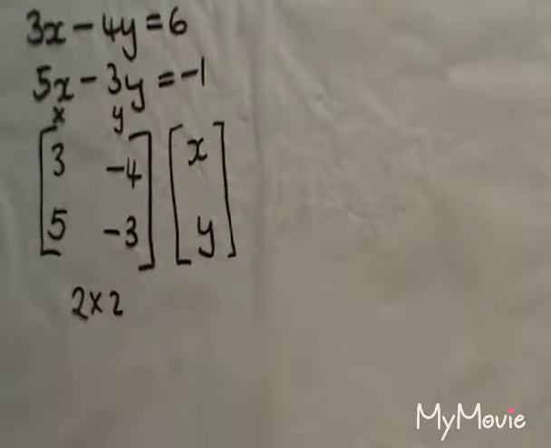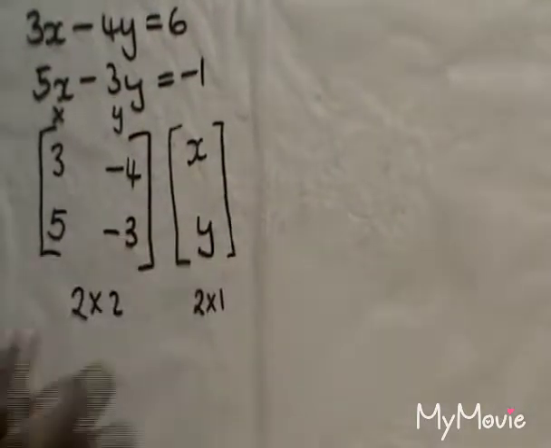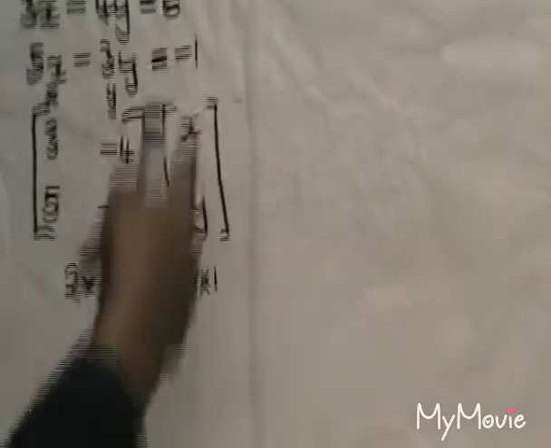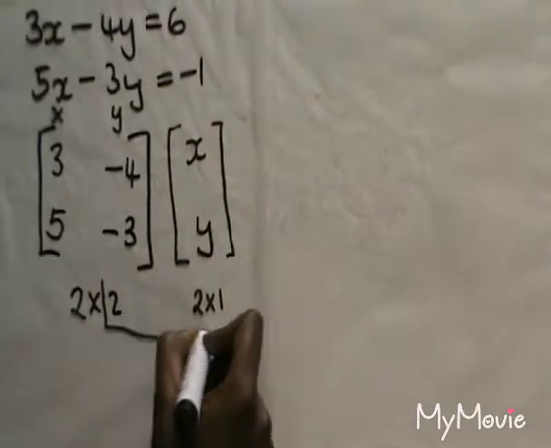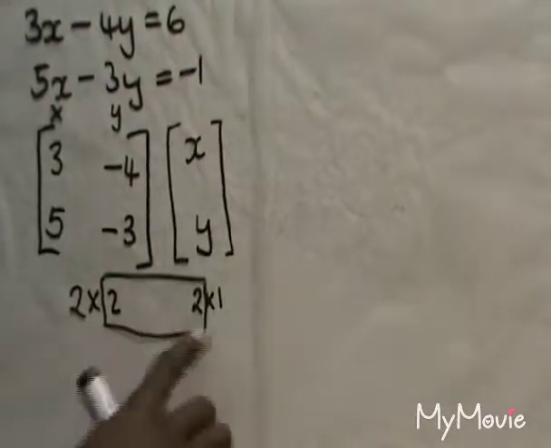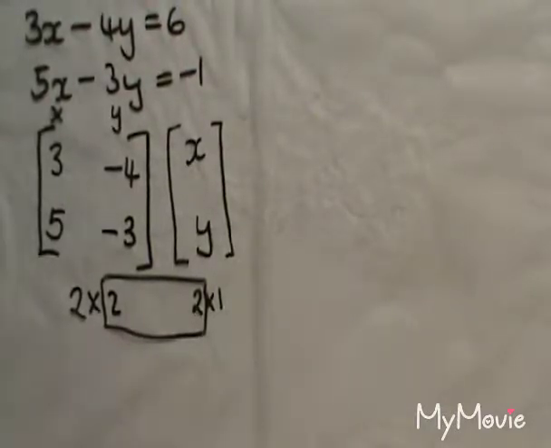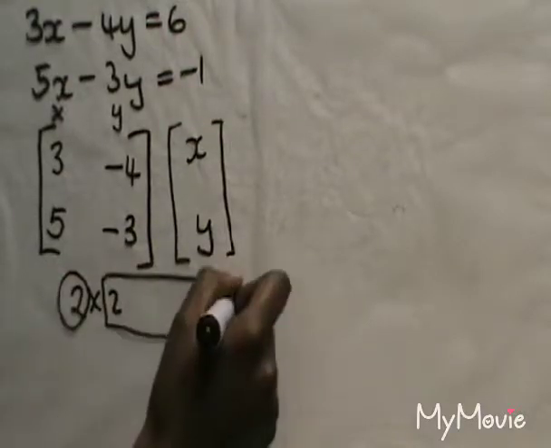Okay, so just put them in the order that you have them. You can see that here I have a 2 by 1 matrix, 2 rows and 1 column. So I can see if I were to multiply these, it is possible to multiply them because in my rectangle these two numbers are the same, and the matrix I would get at the end is a 2 by 1.